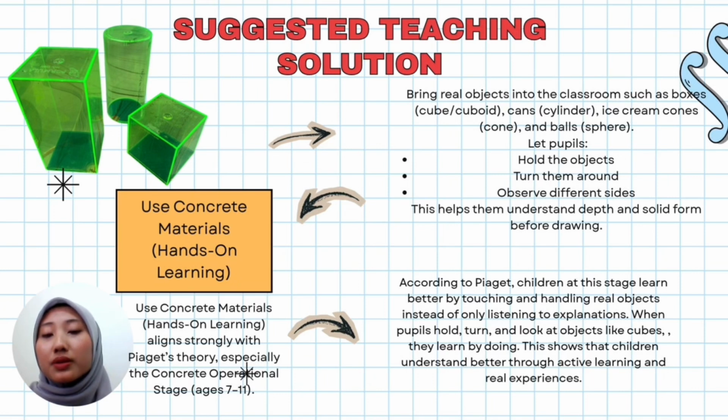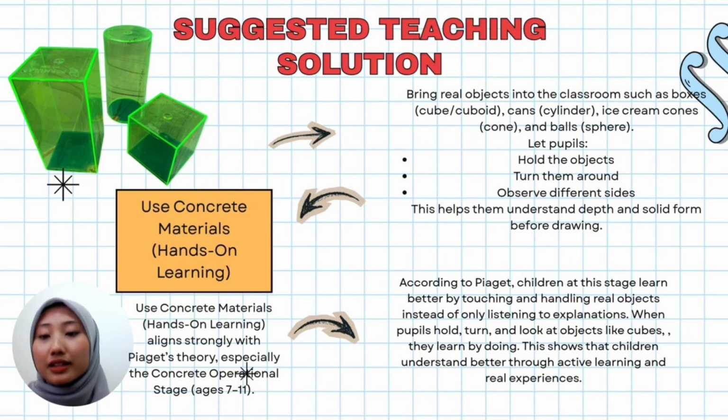Why? This method is important because according to Jean Piaget's learning theory, especially the concrete operational stage for children aged 7 to 11 years old, they learn better by touching and handling real objects rather than only listening to explanation or seeing pictures drawn by their teachers.